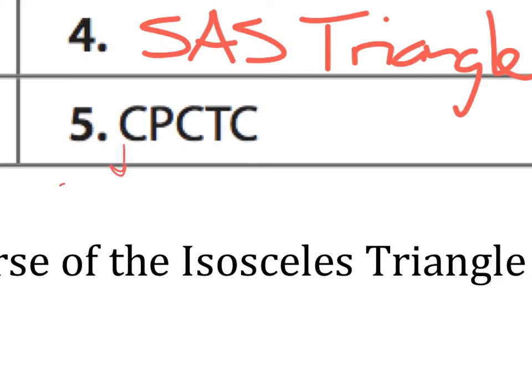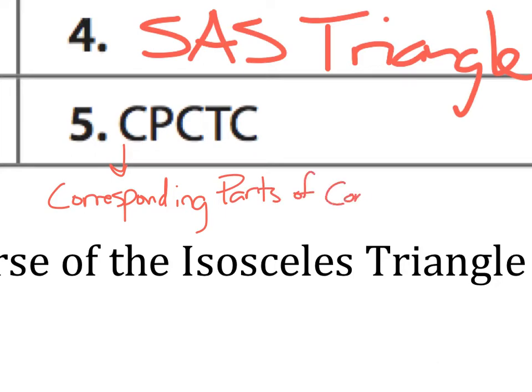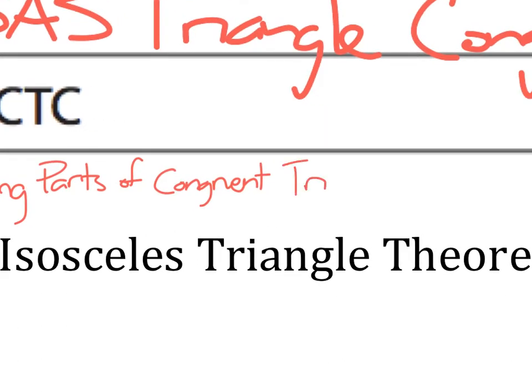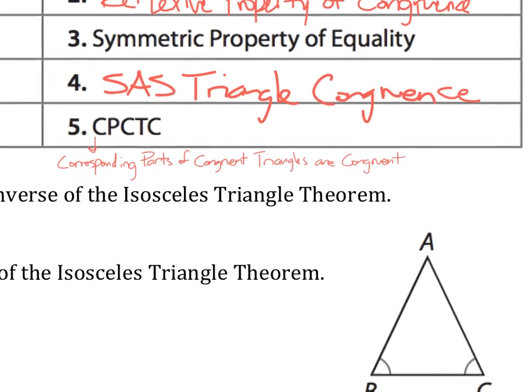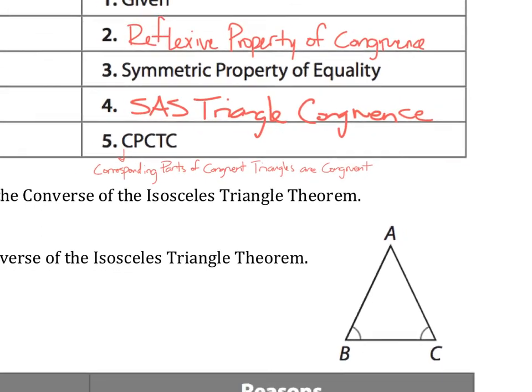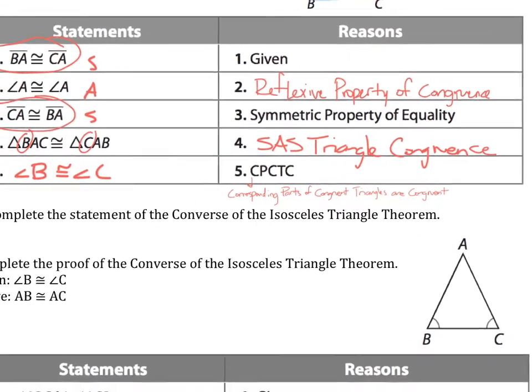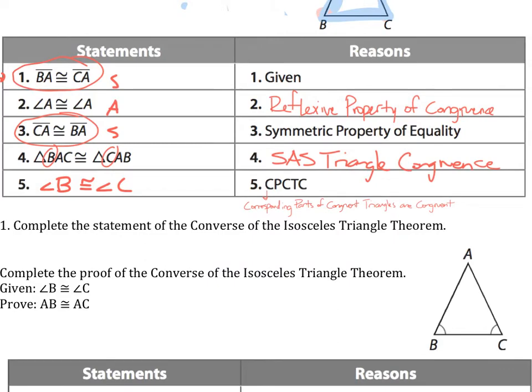It stands for corresponding parts of congruent triangles are congruent. And as you can see, that's exactly why we shorten that to that acronym. Okay, but it's just saying that each part of congruent triangles has to be the same.